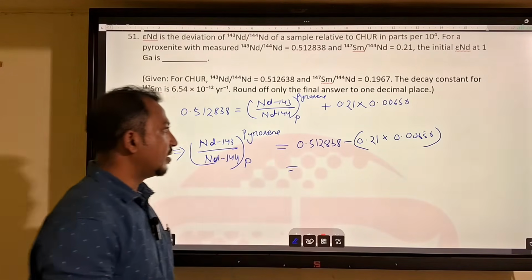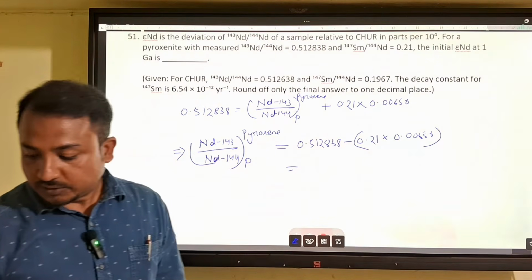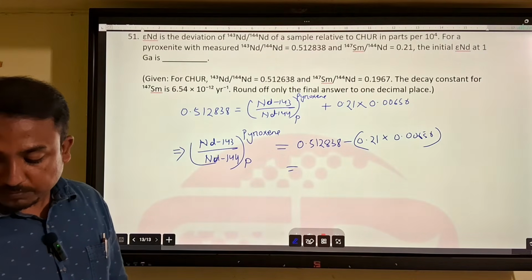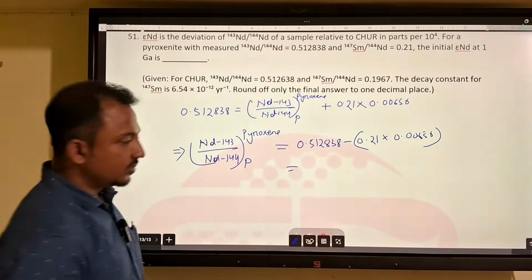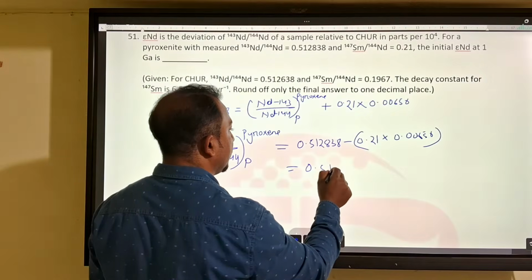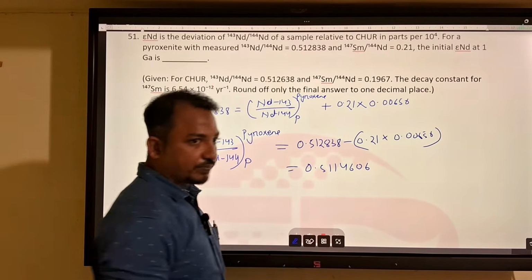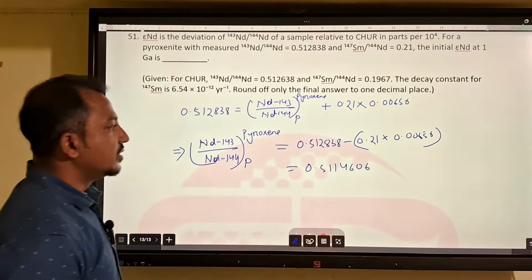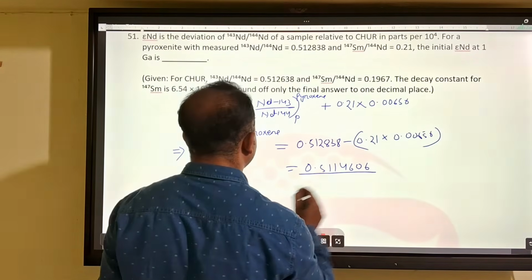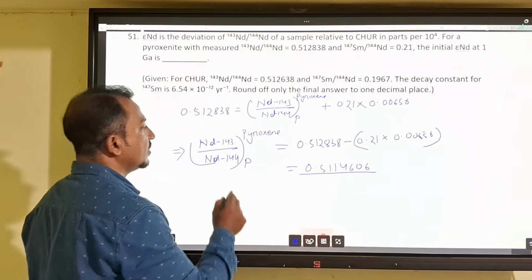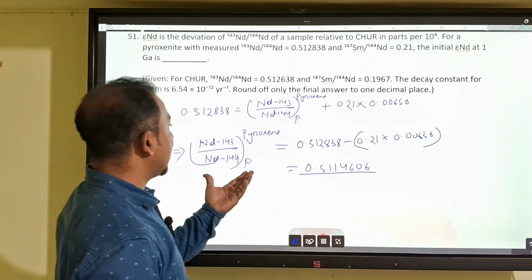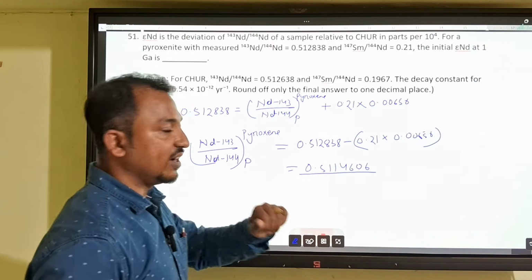So let's calculate the value. It will be 0.5114606. This is the value of pyroxene initial, at 1 billion years.